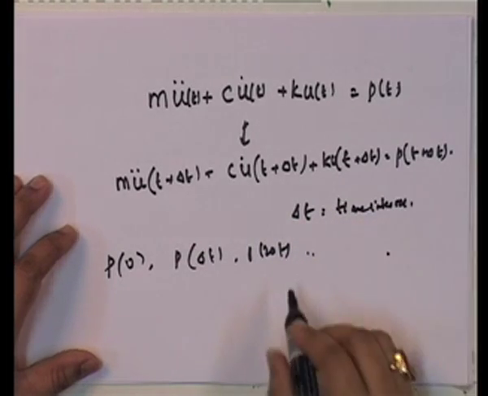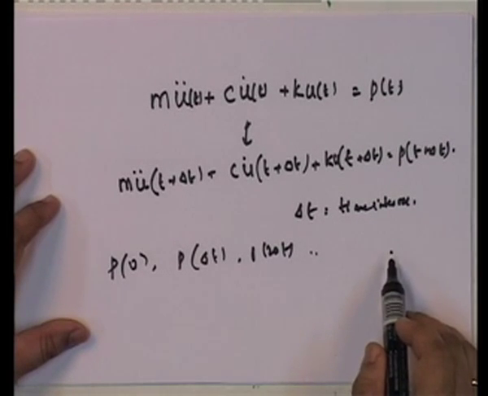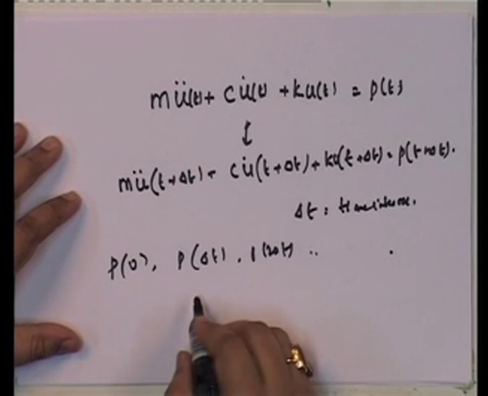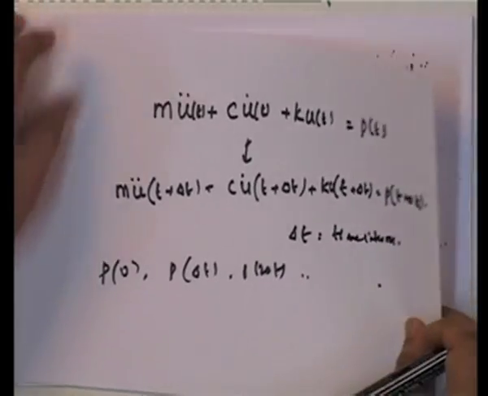Okay. And what I am going to do is, I am given all of these, and what I am going to do is the following. I am going to develop what is known as an incremental equation of equilibrium.